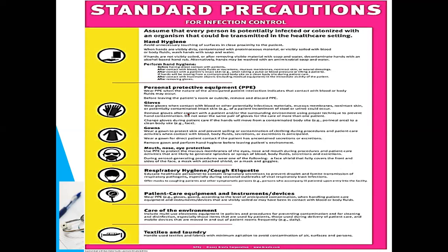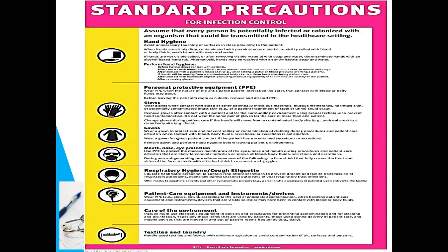Among the standard precautions is using personal protective equipment, which we call PPE. We have to wear PPE when the nature of the anticipated patient interaction indicates that contact with blood or body fluids may occur. If there is any possibility that I will be exposed to the patient's body fluids, before leaving the patient room or cubicle, remove and discard PPE.